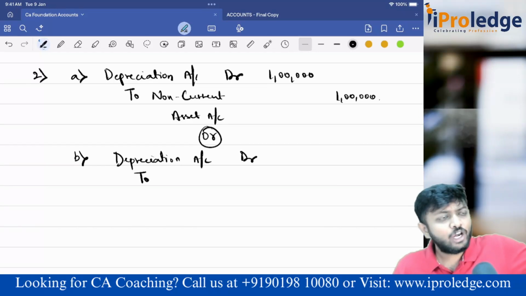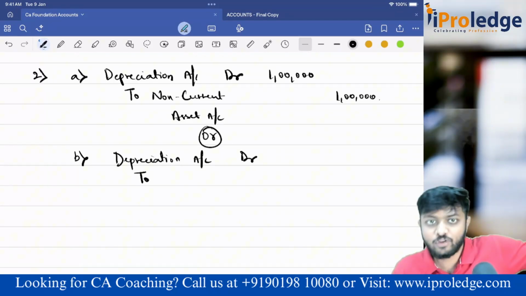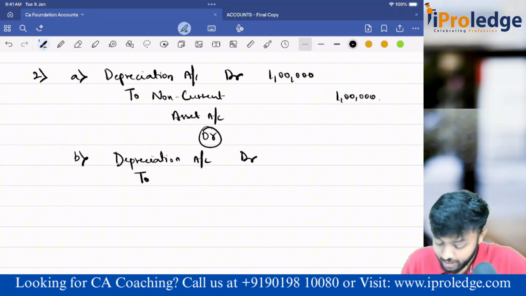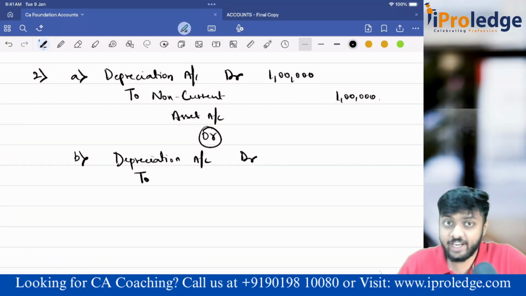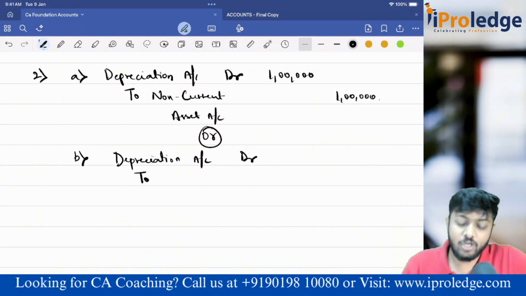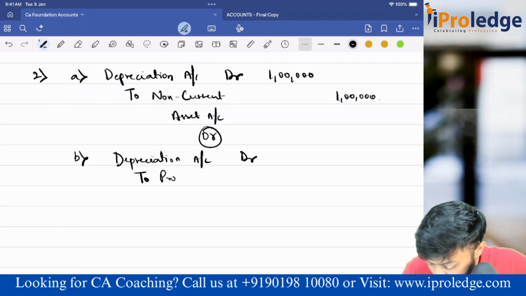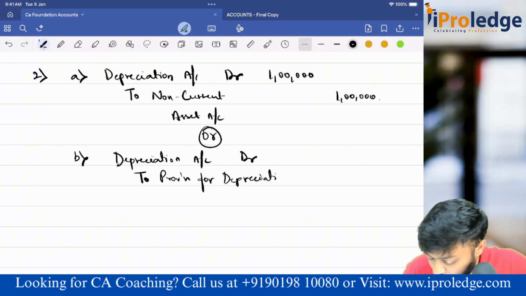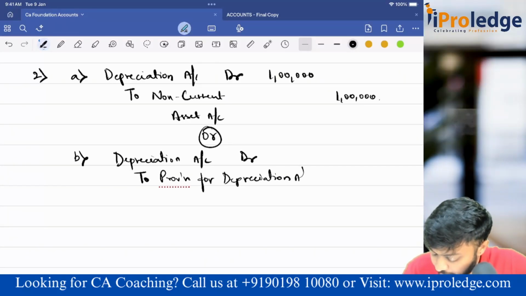That means the non-current asset will be at cost forever, because depreciation is not touching the non-current asset account. I'm touching another account called provision for depreciation account, 1 lakh.